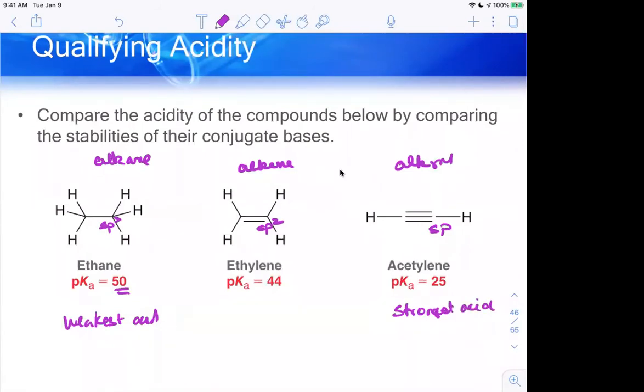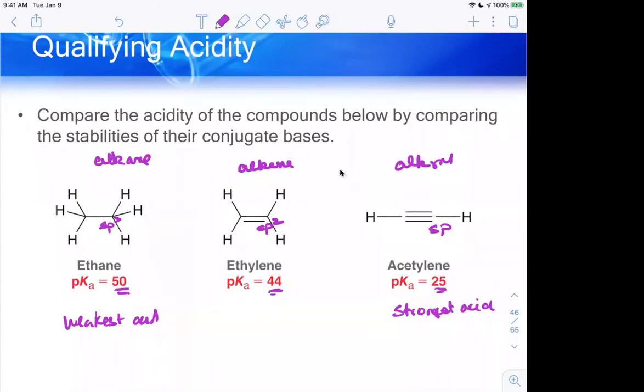Now, don't get me wrong, these values are not very strong. I mean, it's not like I take acetylene and I can do an acid-base reaction like if I have HCl. This is still a very weak acid relative to HCl or H2SO4 or a lot of other ones. My carbon-based carbanions are actually pretty hard to make.